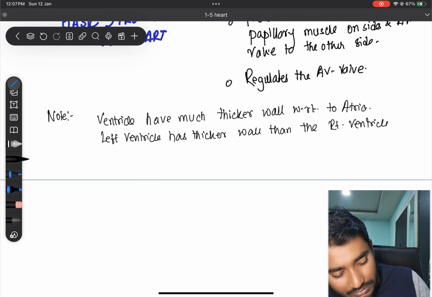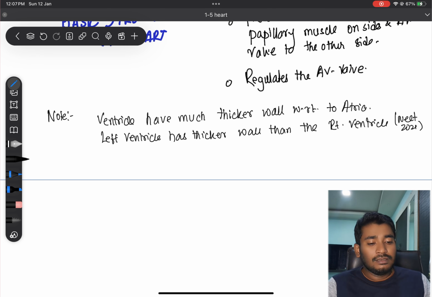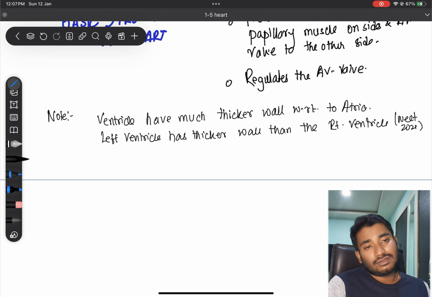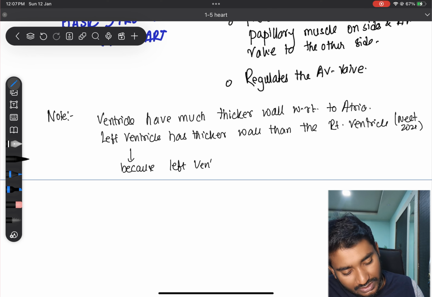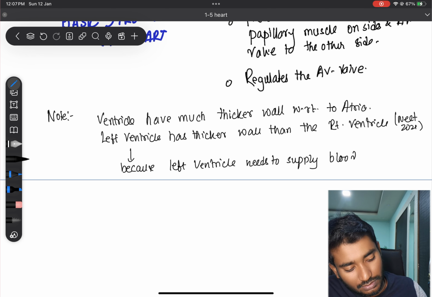It came in NEET, probably NEET 2021. It is because the left ventricle has to supply blood to the whole body.